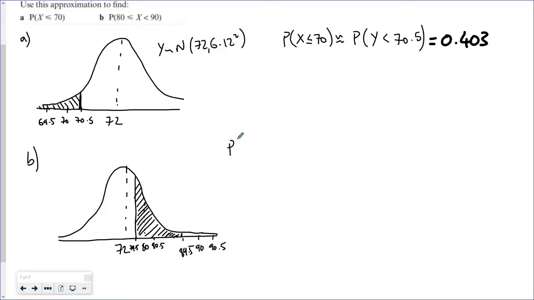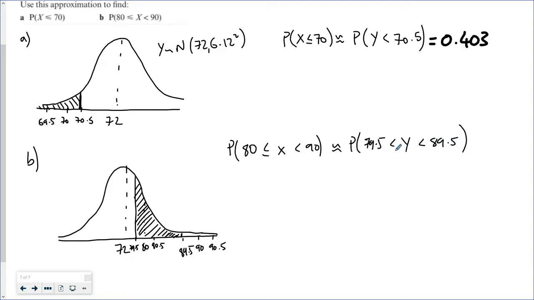So the probability of x being greater or equal to 80 but less than 90 is approximately equal to the probability of y, our normal random variable, being greater than 79.5 but less than 89.5.